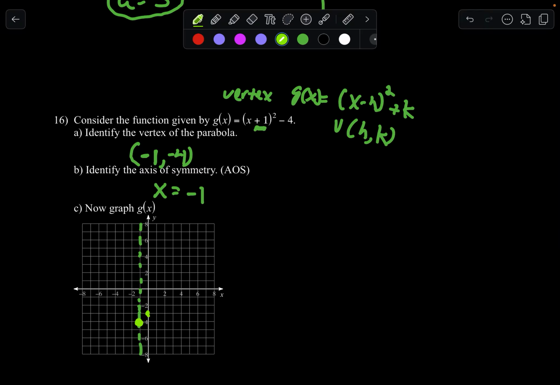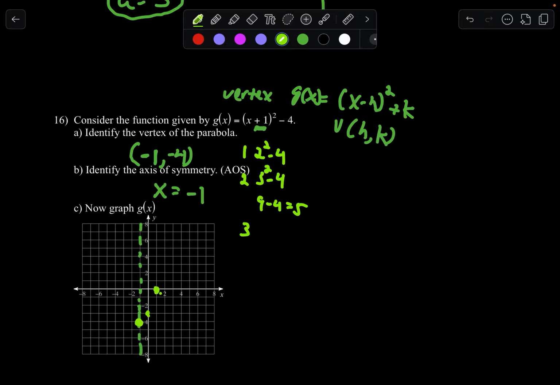And then when x is 1, that's 1 plus 1 is 2, squared is 4, minus 4 is 0. So when x is 1, you're at 0. When x is 2, 2 plus 1 is 3, 3 squared is 9, minus 4 is 5.